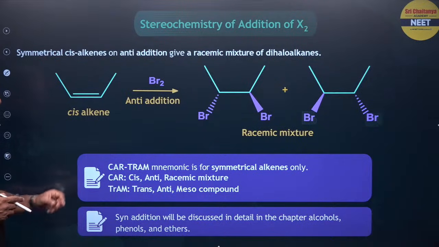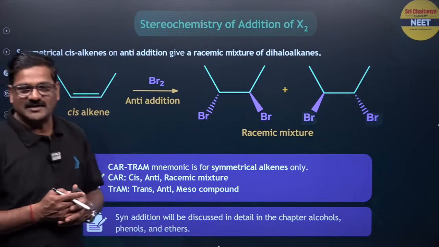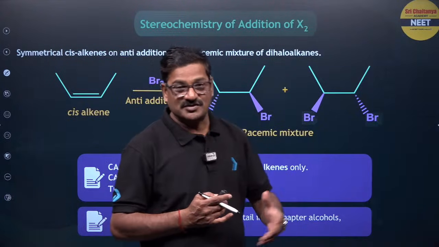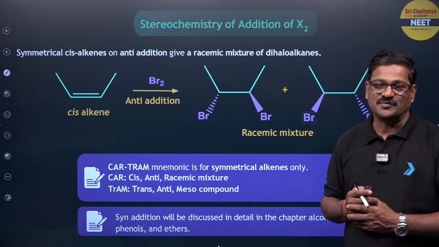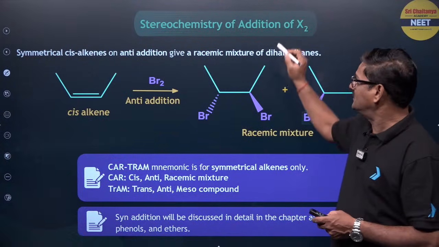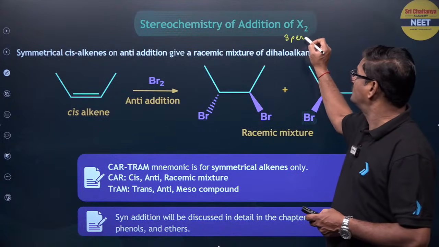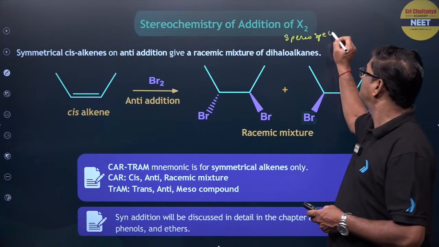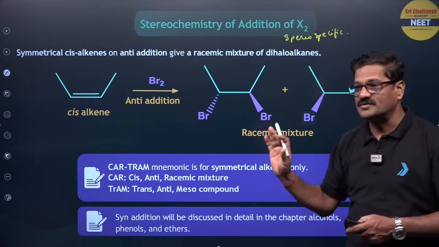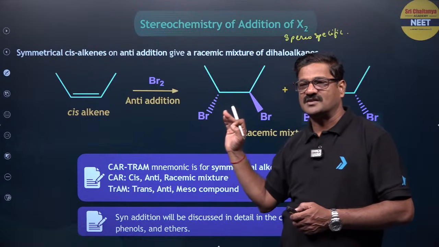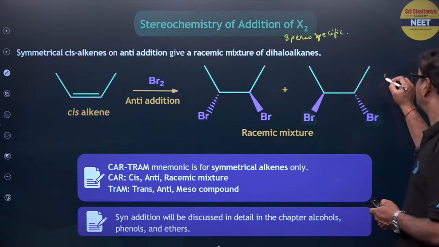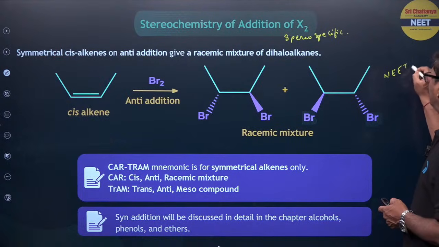I mean to say that a cis alkene on anti-addition gives a racemic mixture, and a trans alkene on anti-addition gives a meso product. This is a stereospecific reaction, and such stereospecific reactions are very, very important, especially for the NEET examinations, students.